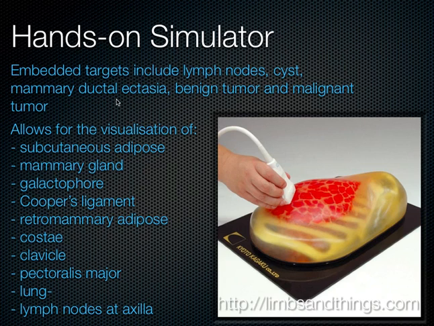It's pretty good to have all this in a simulator before we move on to the real McCoy, so to speak. What I'm going to show you next are two video clips. One is on how to perform a breast ultrasound, and the other is on a breast surgeon doing an ultrasound-guided procedure of the breast.